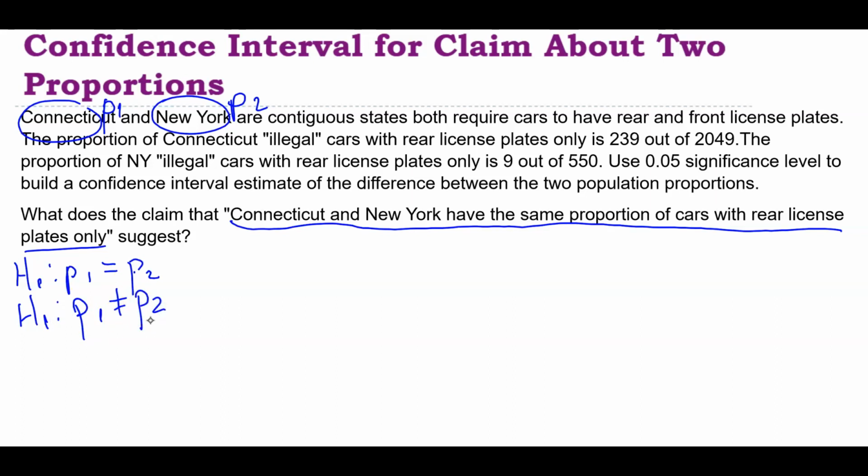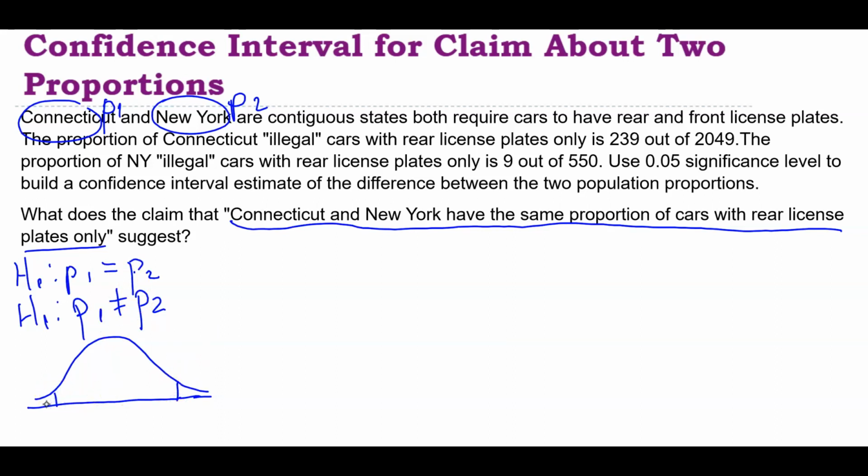Let's decide on the confidence level. Our confidence level will be decided when we look at the alternative hypothesis sign. The alternative hypothesis has a not equal sign, therefore we have a two-tailed test.